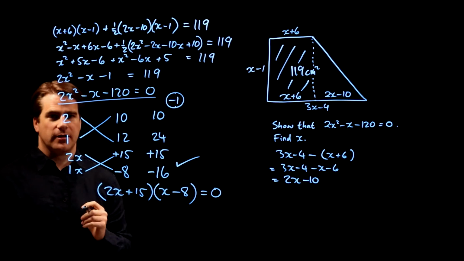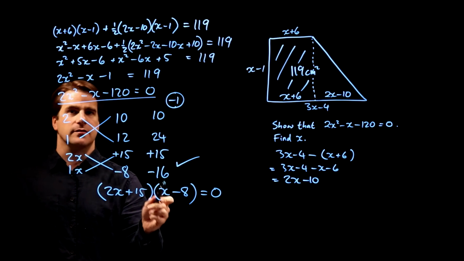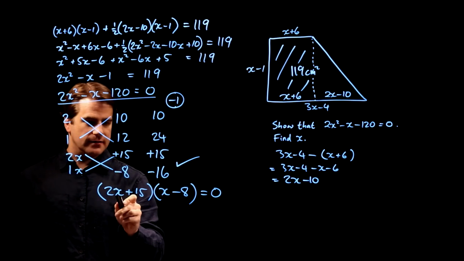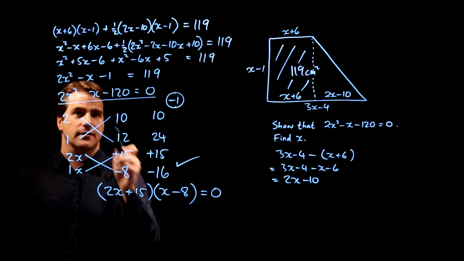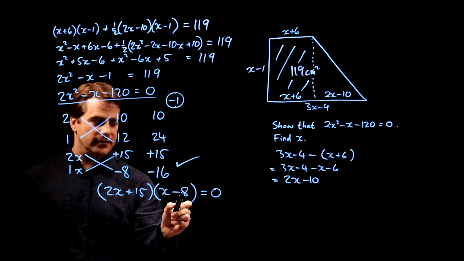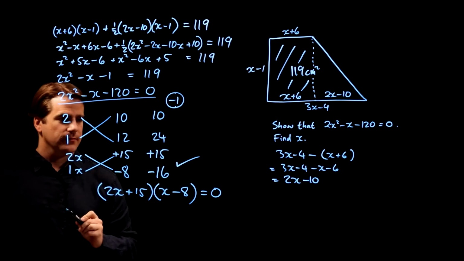So that's the crisscross method. We can check it. 2x times x is 2x squared, yep. 2x times minus 8 is minus 16x, and you've got plus 15x, it gives you minus x. And then plus 15 times minus 8 is minus 120, so it works.